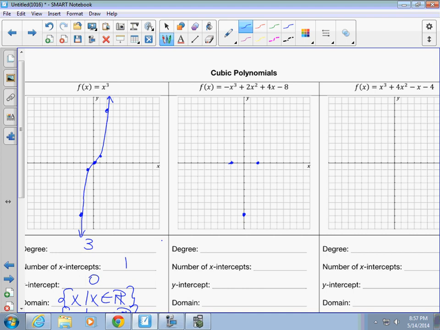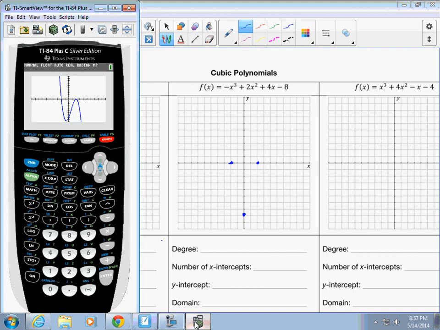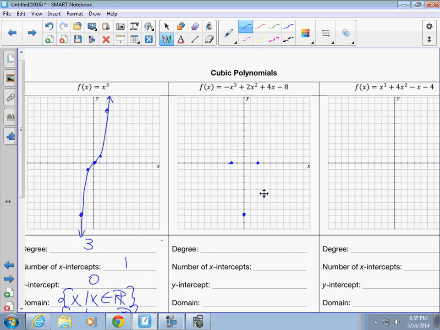And pick another value there. So 3 and -5. There. So my graph did this, came down, went there, touched, and then came back down. So my degree for this is 3. Number of x-intercepts was 2.